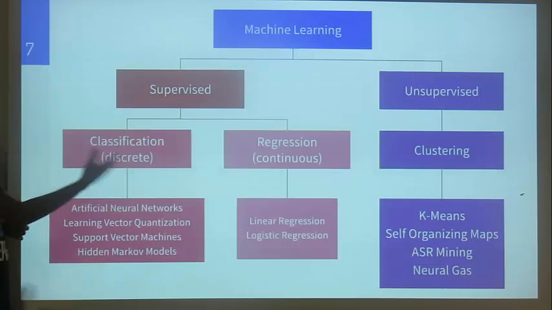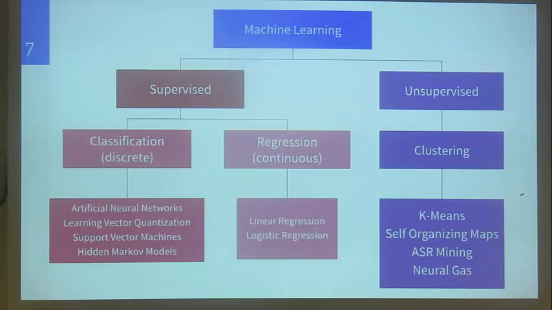Classification and regression are separated because the data set is different. In classification, we have a discrete data set, and in regression, we have a continuous data set. At first, I don't know if you know what discrete and continuous are. I hope most of you do. So can someone tell me what a discrete data set is?